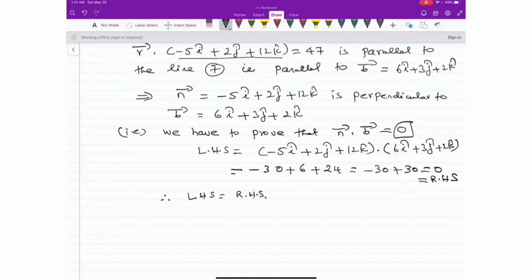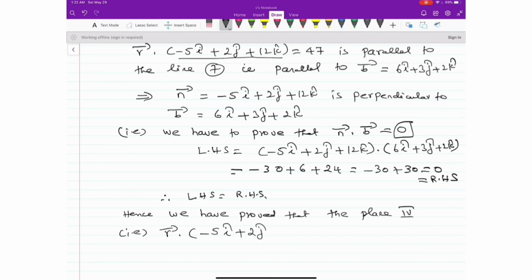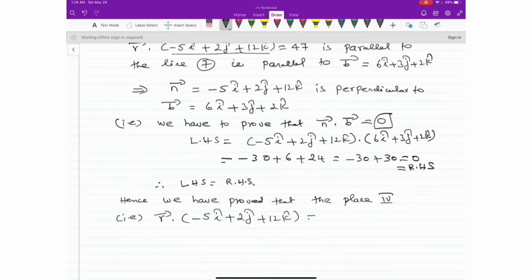So, what have you proved here? Hence, we have proved that the plane 4, that is vector r dot (-5 i cap + 2 j cap + 12 k cap) is equal to 47, is parallel to the line 7.